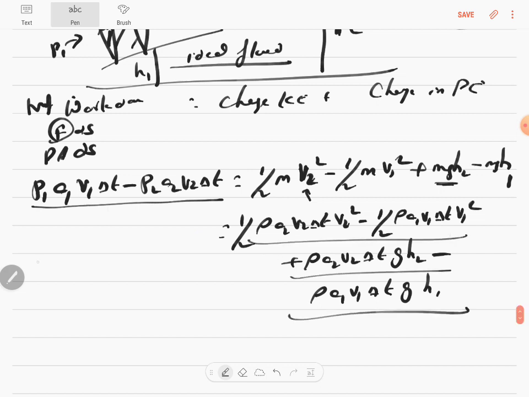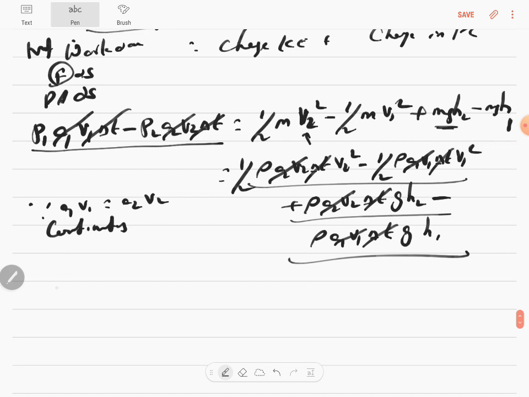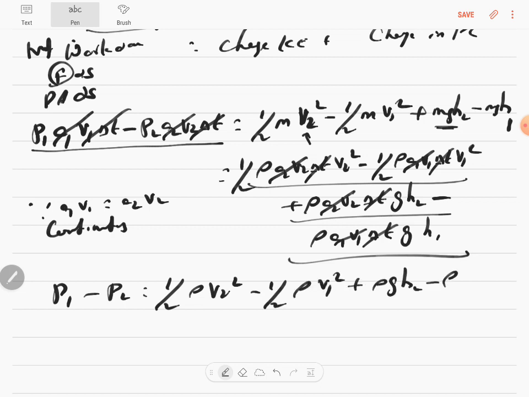Since A1 V1 is equal to A2 V2 by the equation of continuity for an ideal fluid, A1 V1 delta T and A2 V2 delta T are the same and can be cancelled throughout. You are left with P1 minus P2 equals half rho V2 square minus half rho V1 square plus rho g H2 minus rho g H1.